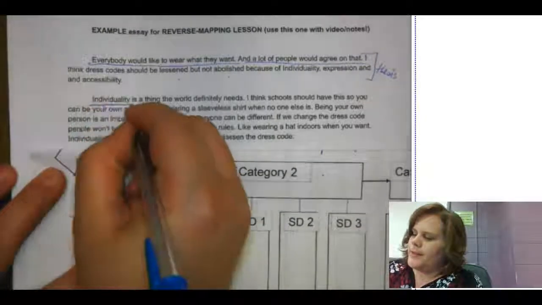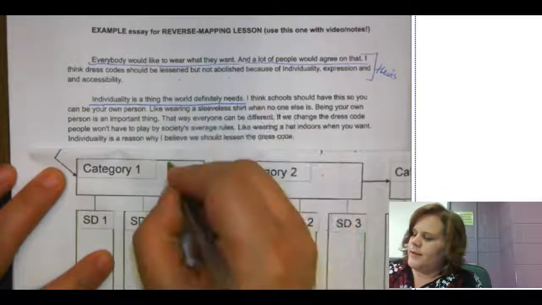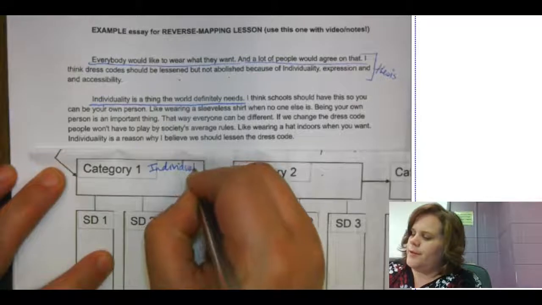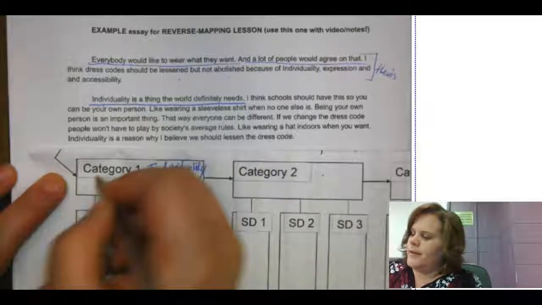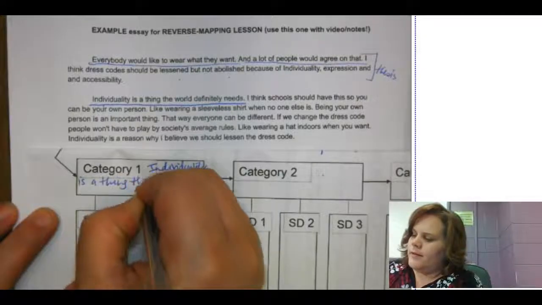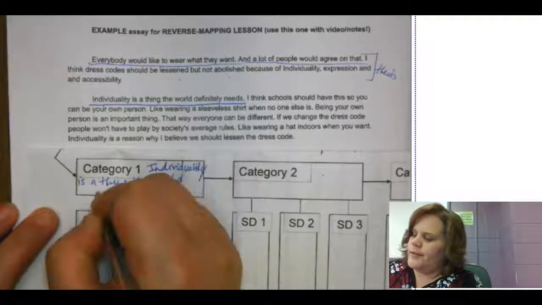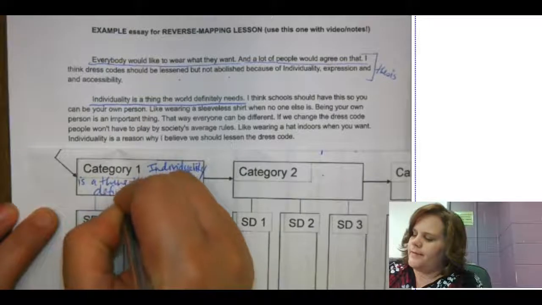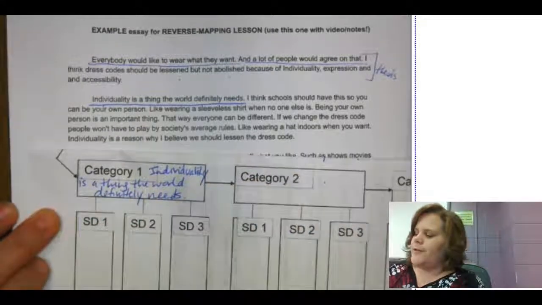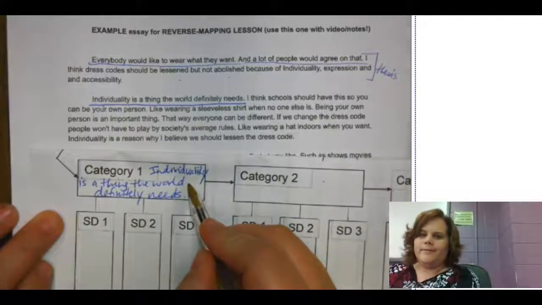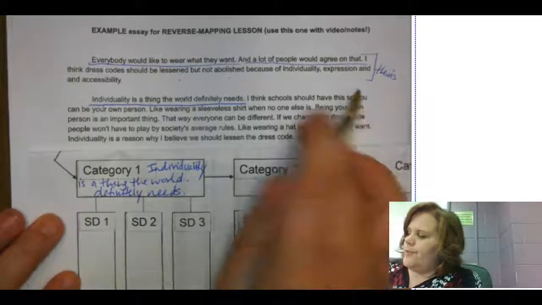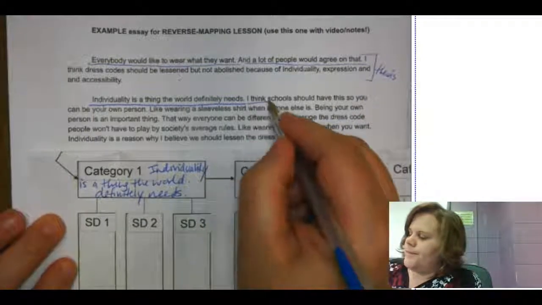This first topic sentence goes right here. Individuality is a thing the world definitely needs. And that would imply that everything in this paragraph should be talking about individuality. I think schools should have this so you can be your own person.